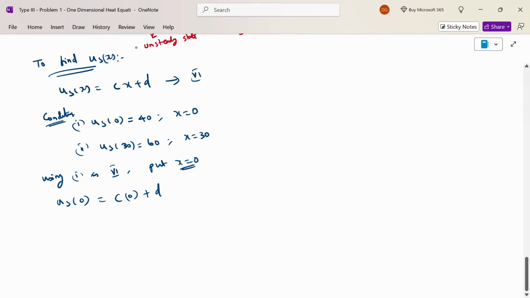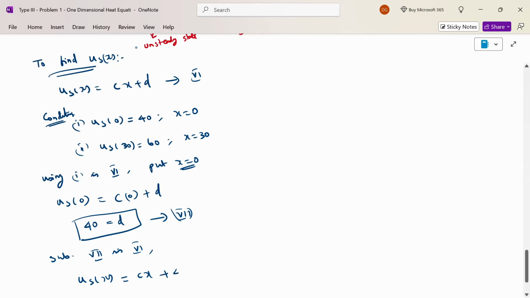Now u_s(0) is 40, so the d value is 40. Now I consider this the seventh one. Now substitute the seventh equation in the sixth. Therefore u_s(x) equals cx plus 40. Now consider this the eighth equation.